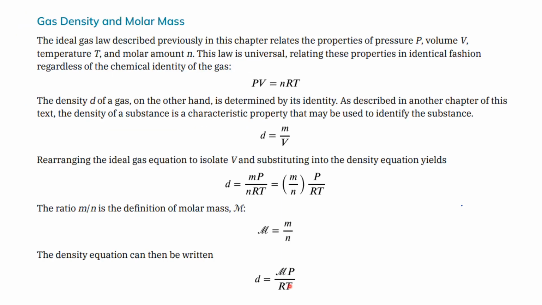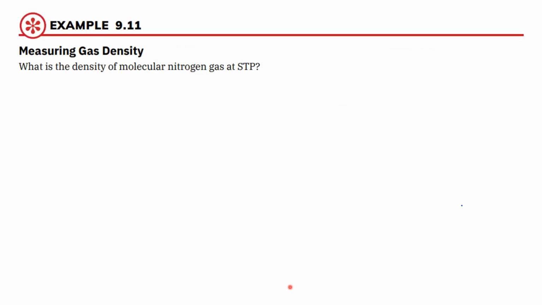So with this, again, going back here, so density is equal to the molar mass times pressure over the gas constant times temperature. So if we're looking at a question like this, what is the density of molecular nitrogen at STP? We need to remember a couple things. First, what STP is. So again, 0 degrees Celsius or 273 Kelvin or 273.15 Kelvin.